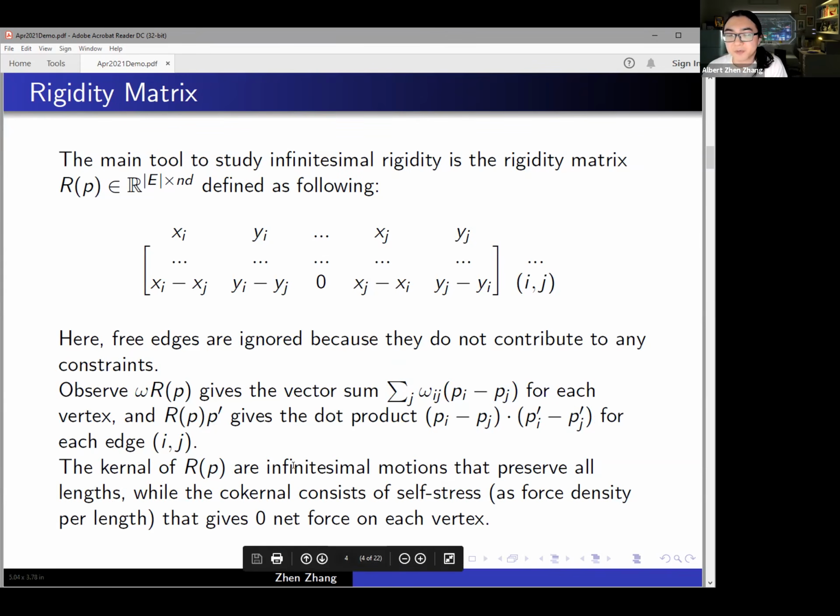If you compute the rank of the kernel, you get the infinitesimal rigidity of the bar framework, where you assume every edge that is not free is a bar. While the co-kernel consists of self-stresses, as force density per length, that give 0 net force on each vertex. Because the left co-kernel implies the force balance on each vertex being 0, and the kernel implies the derivative of the length being 0.